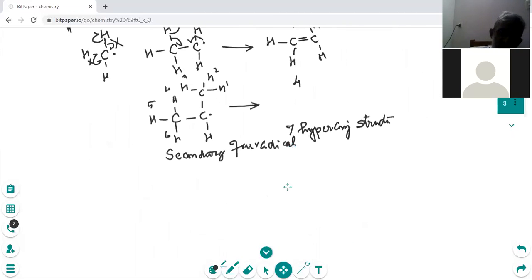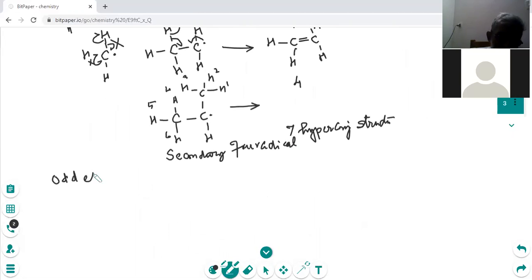So the odd electron is spread over to the hydrogen atoms.